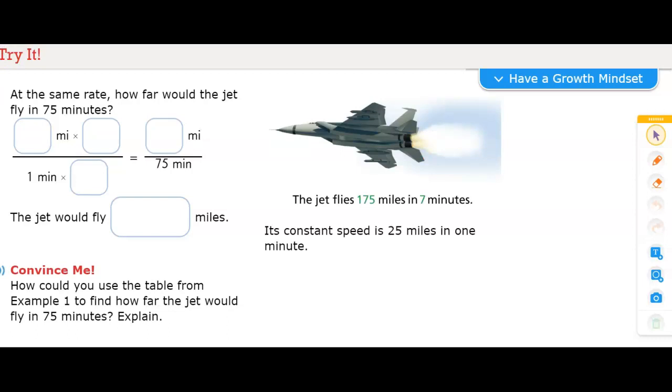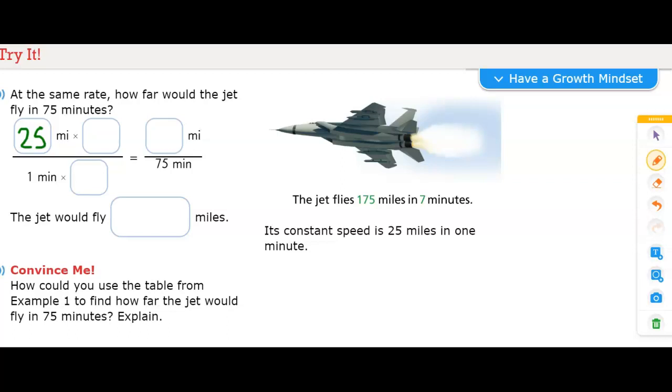At the same rate, how far would the jet fly in 75 minutes? Based on the example, 25 miles per minute was the rate that it was flying. So they want to know how far it would fly in 75 minutes.